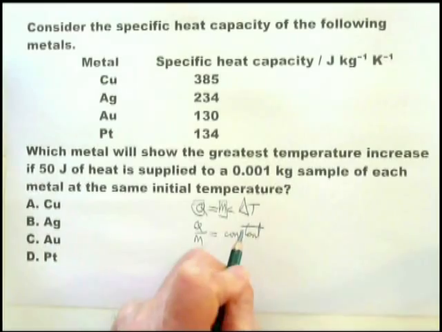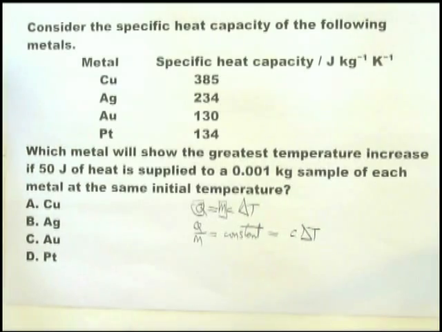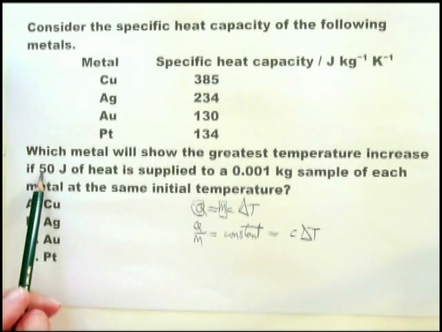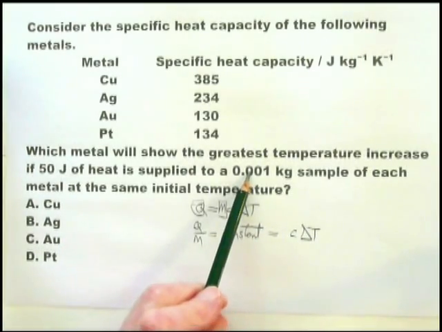Again, you don't have to write this down. Equals C delta T. In other words, the product of C and delta T is fixed by the value of Q and M. It doesn't matter what the value of Q is, it's the same for all 4 of them, and it doesn't matter what the value of M is, it's the same for all 4.